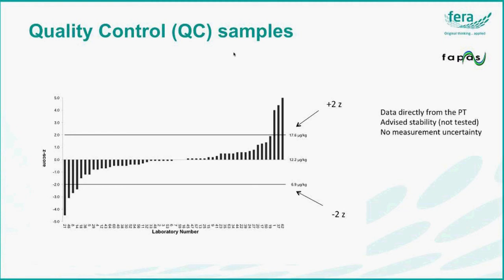The data for QCs are derived directly from the proficiency test. We advise on the stability, but the stability is not formally tested, and we do not provide measurement uncertainty. It's just the PT data for that sample.